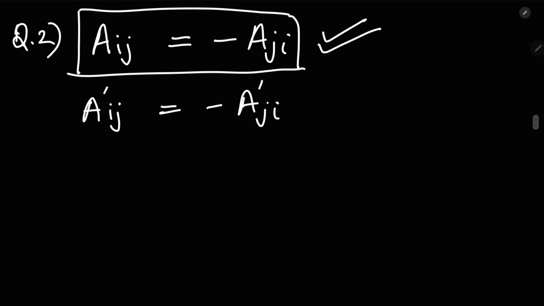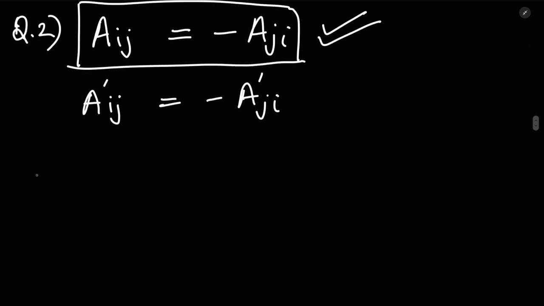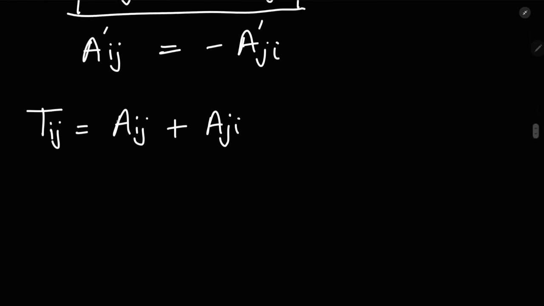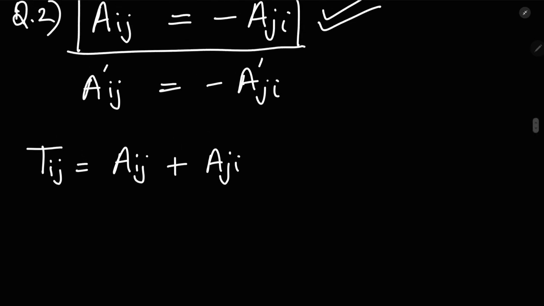So I'll use a little trick here. I'll define a tensor Tij as Aij plus Aji. Since this is a sum of two tensors, by the properties we saw in the previous video, the result Tij is also a tensor. And since A is antisymmetric, this is nothing but Aij minus Aij, because Aji is minus Aij from this equation. So this will give us 0.